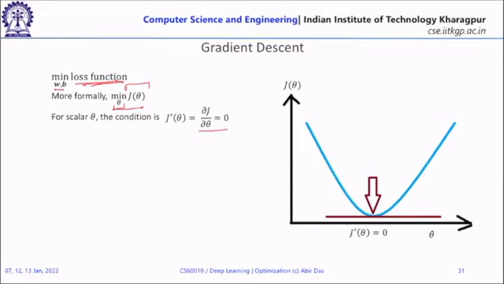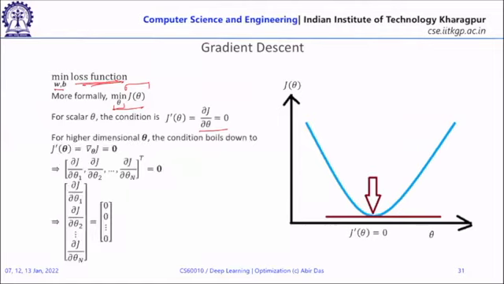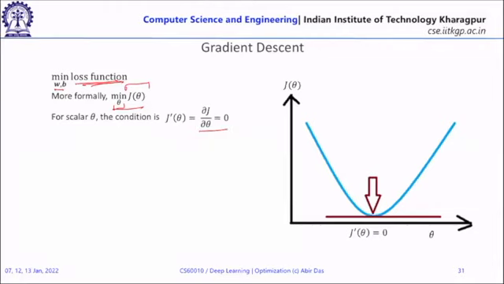The other conditions, whether it's maxima or minima for the double derivative and so on, I'm not going into that. But the way to solve it is that you take the derivative, equate it to 0, and solve for theta. J is a function of theta, so this equation will be a function of theta, and you try to solve it, right?